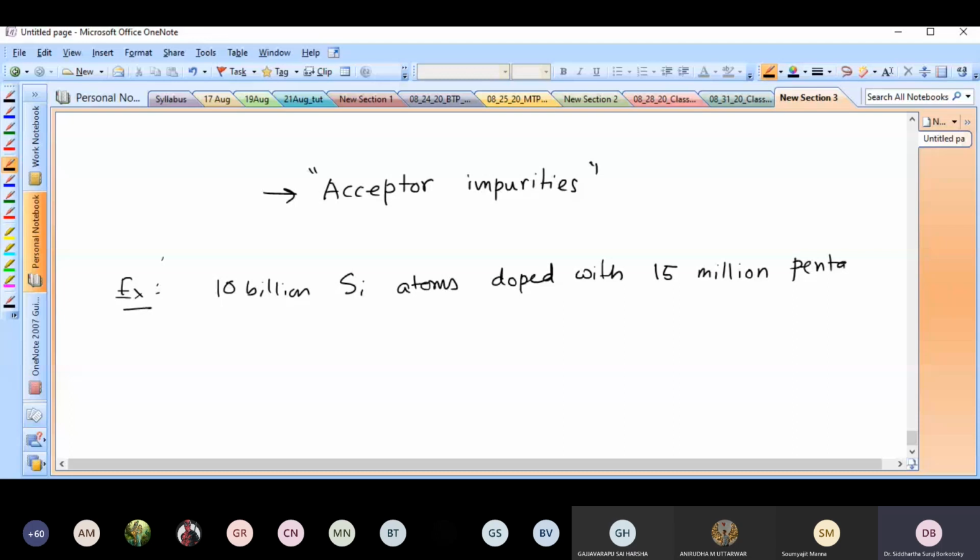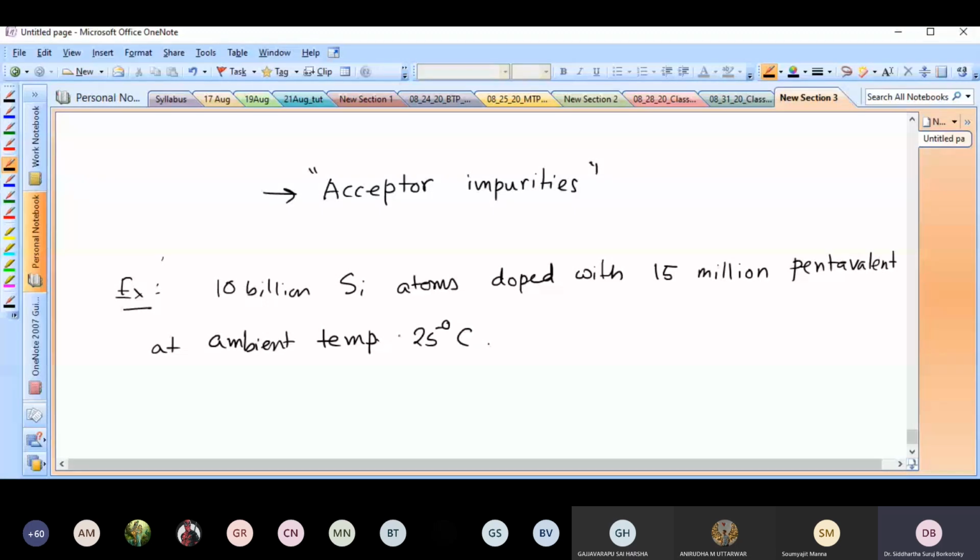So suppose you have somehow been able to dope 10 billion silicon atoms with 15 million pentavalent atoms. And then assume that the ambient temperature is 25 degrees centigrade, that is room temperature.